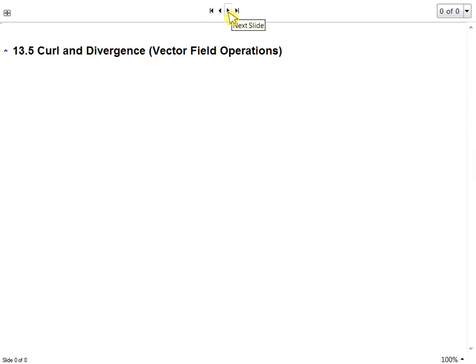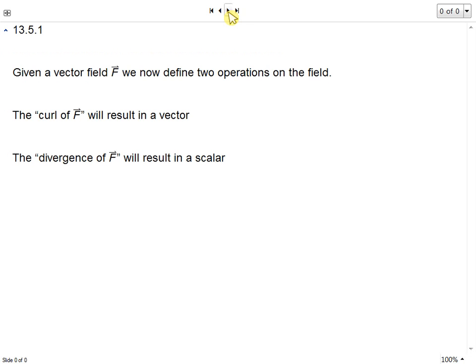Curl and divergence. So these are vector field operations. We're taking a step away from everything we've been doing for a second to define two operations. It's going to seem like, whoa, wait, why are we talking about this? It's just because we'll need a little parts of it for where we go. But if it seems different, it's because it kind of is.